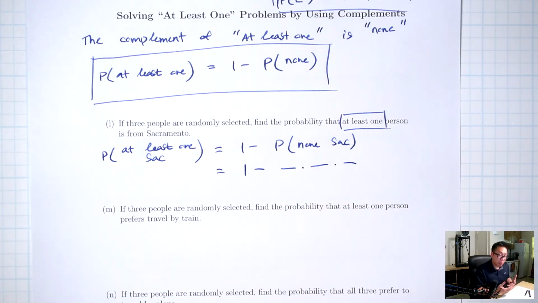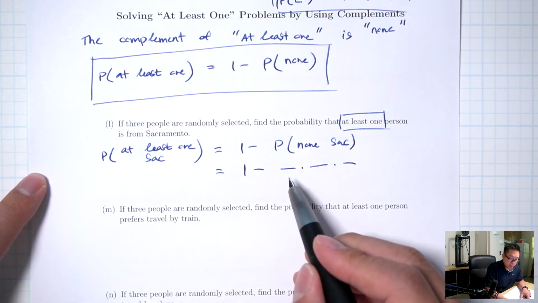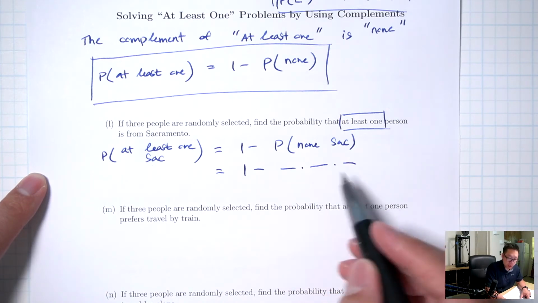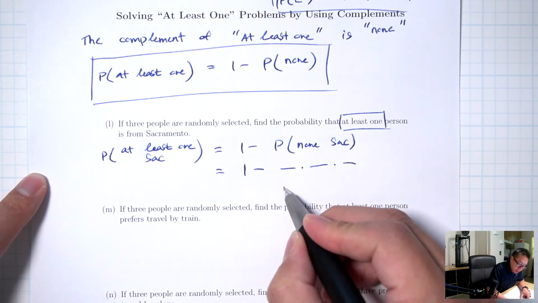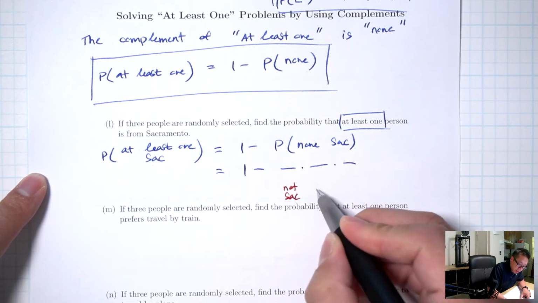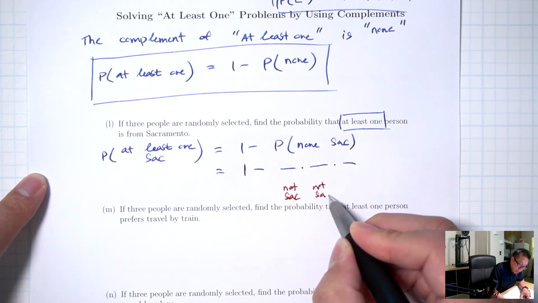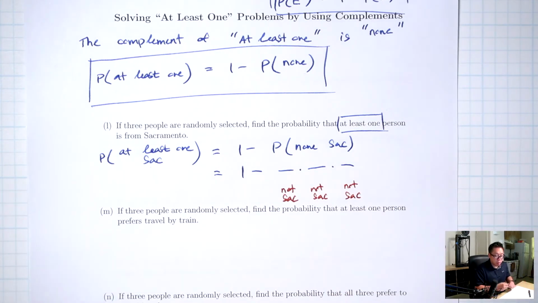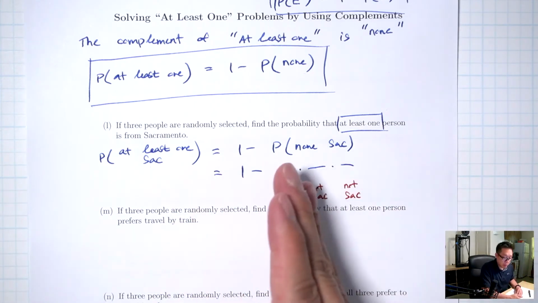I'm selecting 3 people. What does it mean for none of them to be from Sac? That means the first person is not from Sac, the second person is not from Sac, the third person is not from Sac. So all 3 are not from Sac. And then you'll just find the fractions for not Sac, not Sac, not Sac.